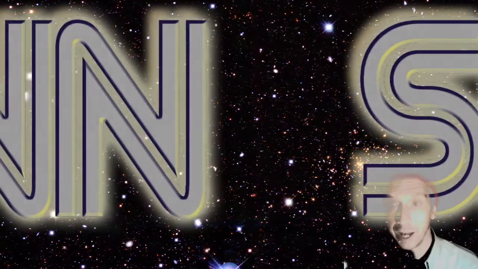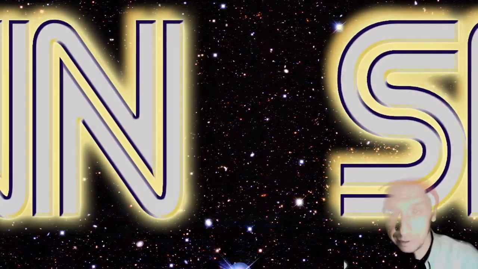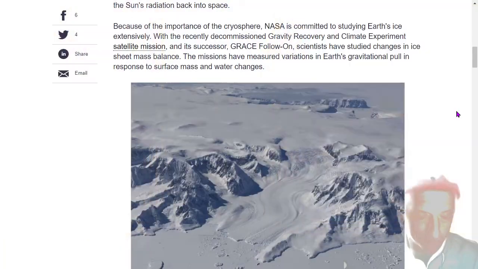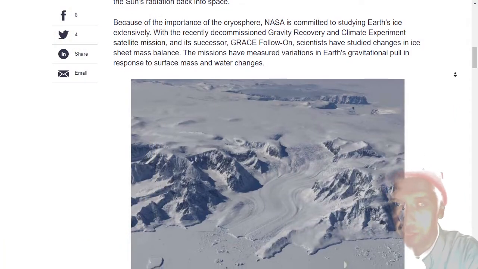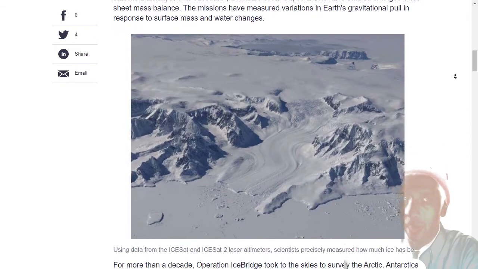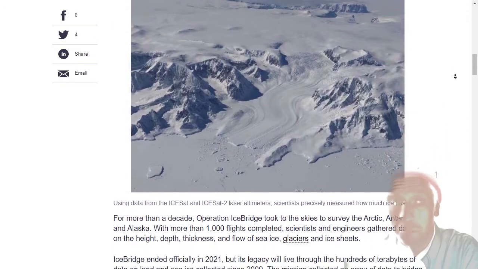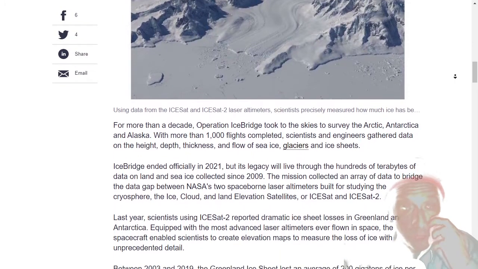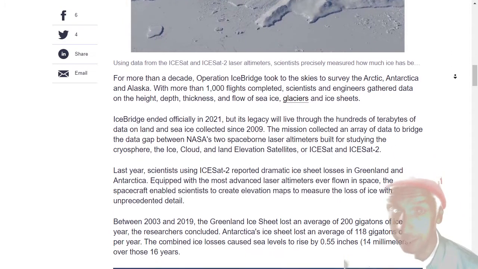You're living through an ice age currently because we have persistent ice at both polar caps. So let me just continue here, as we'll be talking about Earth's gravitational pull and centrifugal force and snow mass balance and all kinds of stuff like this.